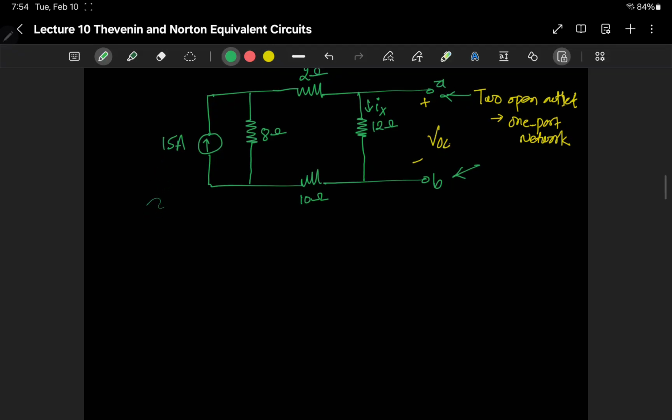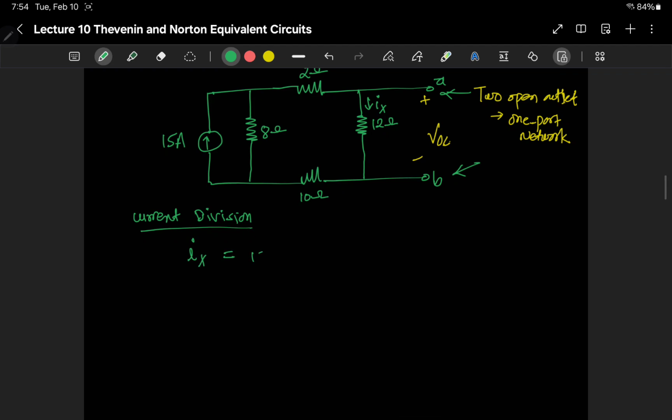and using the current division rule, Ix, which is the current flowing through the 12 ohm resistor, is given by Is, which is 15 ampere, the source. And then we have 1 by 24 ohm. Basically, this current coming from here branches out to this part and this part. In this part, we have this 1 resistor, 2 resistor, and 3 resistor, so that will be the path the current is flowing.